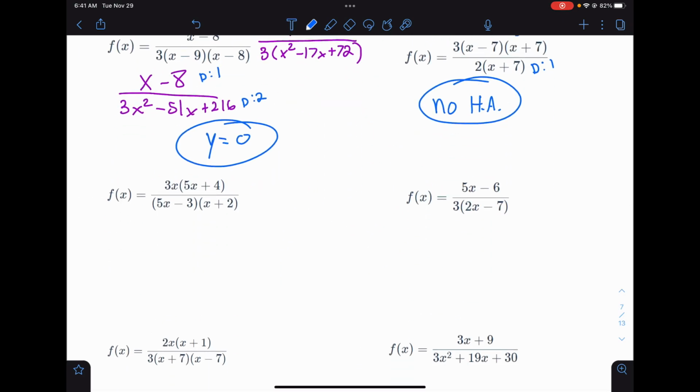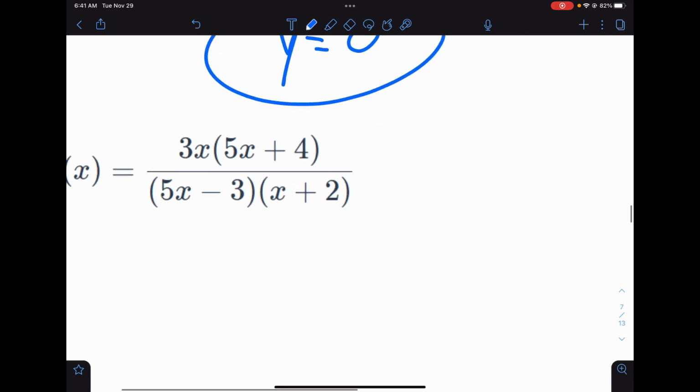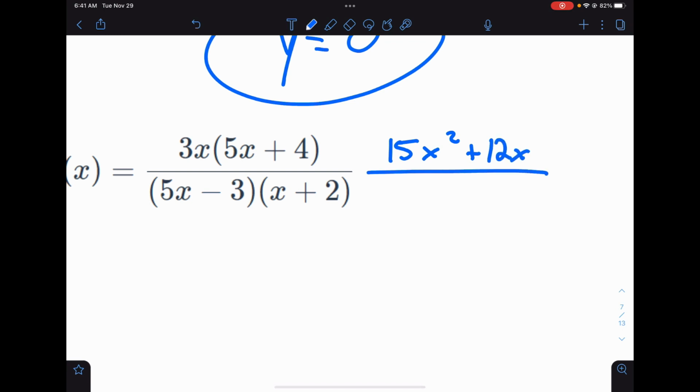All right, let's try this one out. Looking at this one, neither of these are in standard form. So what we could do is get these in standard form here. We get 15x squared plus 12x. Then on the bottom, we get 5x squared, and then 10 minus 3, which is going to be plus 7x minus 1.